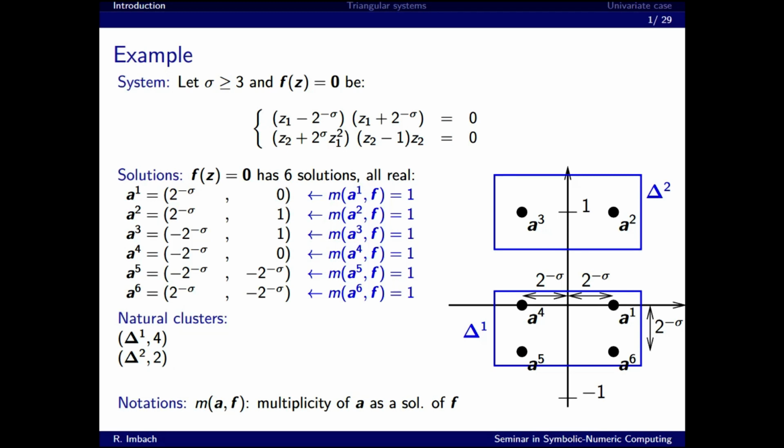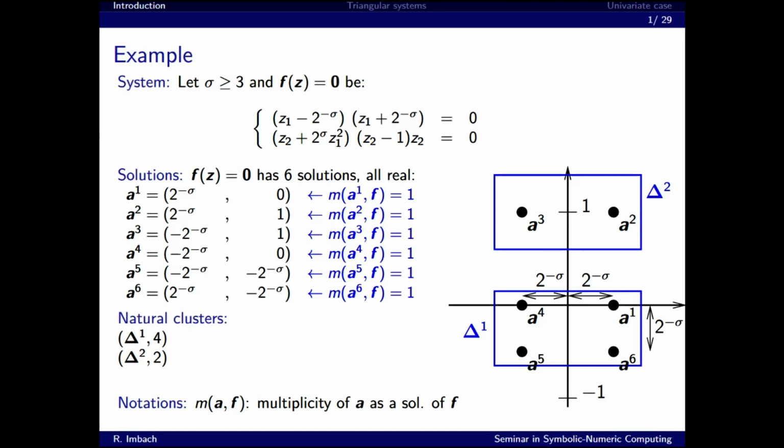So here, these rectangles are the projection on the real plane of a vector of two complex disks. You see what is a disk in the complex plane. You take two such disks, it's a vector of complex disks, and we call this a polydisc.